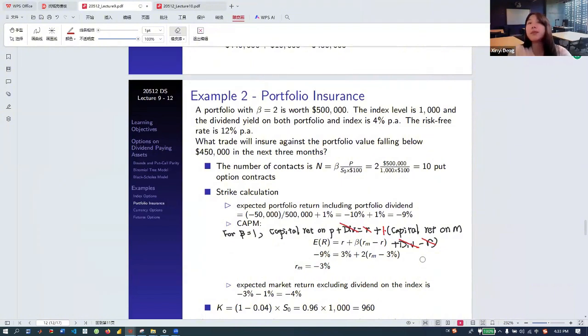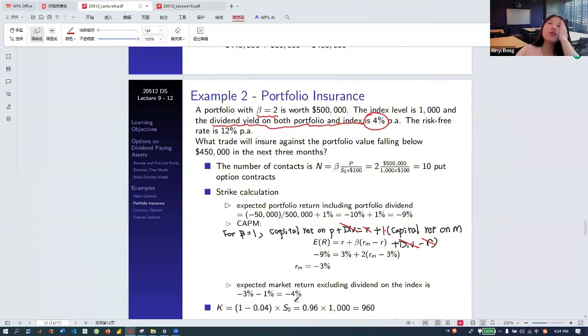We don't change information about index level. But now we know the exact number of dividend yield as well. The dividend yield on both portfolio and index are all equal to 4% per annum.